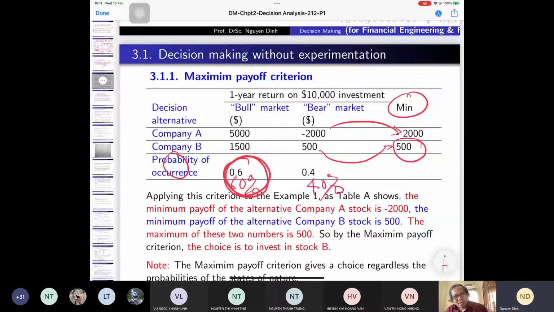That means the maximum likelihood is the bull market. So first of all, you choose the maximum likelihood, the bull market. And for the bull market, you choose the maximum between the two payouts. 5,000, 150. Look.